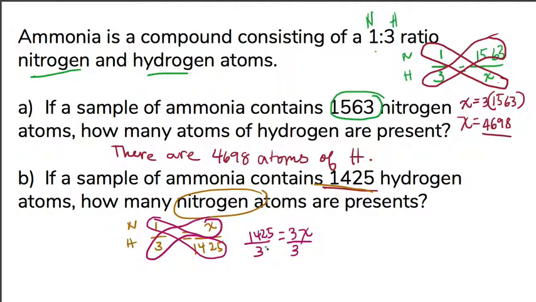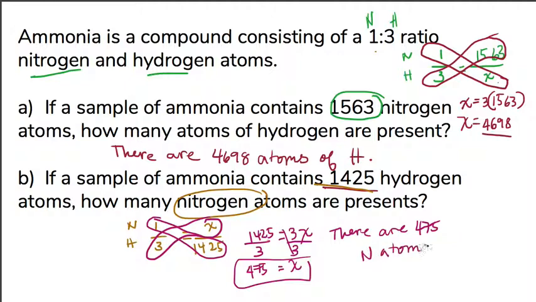So what's the answer? x is equal to 475. So that means there are 475 nitrogen atoms.